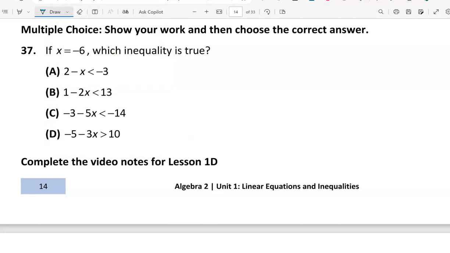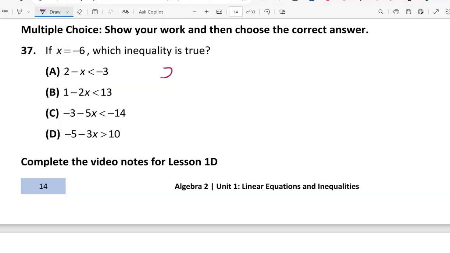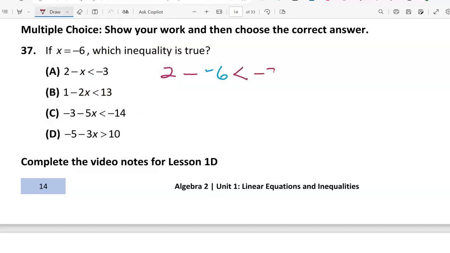If we want to see whether negative 6 is a solution to A, let's take that inequality and replace the x with negative 6. That gives us 8 is less than negative 3. That is not true, so x equals negative 6 is not a solution.